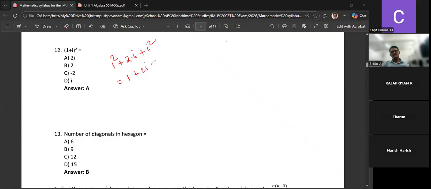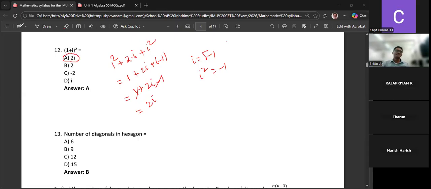You know the value of i squared, we have seen in the beginning also, which is minus 1, because i is equal to root of minus 1. So here you get 1 plus 2i minus 1. Both get cancelled, you get 2i. So the value of (1 + i) the whole square is 2i.